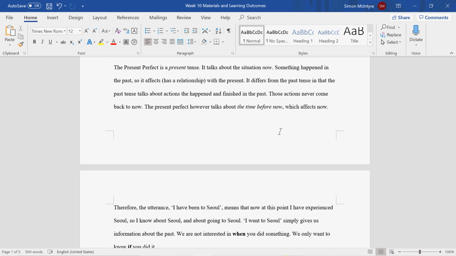It would say, have you eaten? Right? Because we're asking about your condition now, your experience up to now. And that's one of the biggest differences between English and Korean languages. In English, you always need to speak out what you want to say, and so that's why we have more grammar tenses than in Korean.